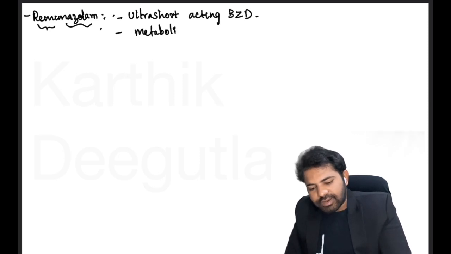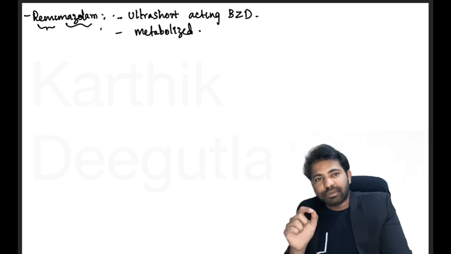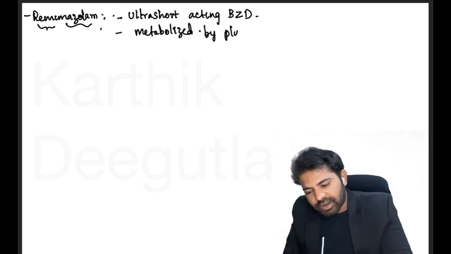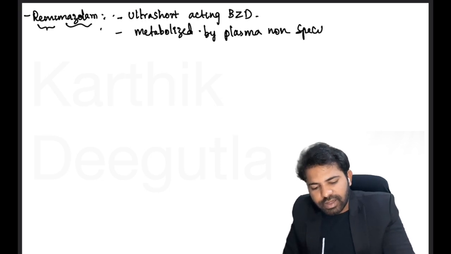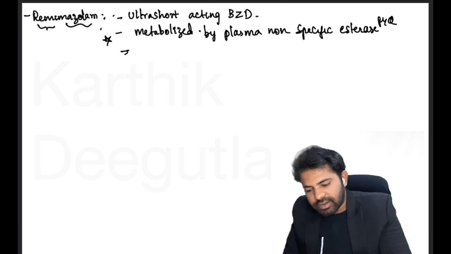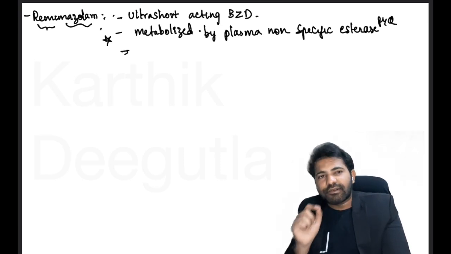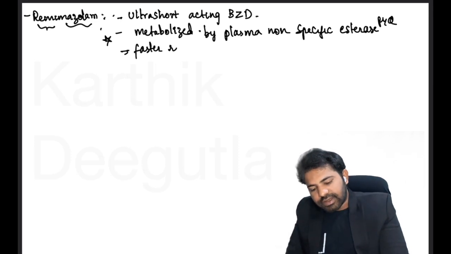It is metabolized not in the liver but by plasma non-specific esterases. This can be a question. This is very important. And it has a faster recovery than midazolam, being ultra short-acting.